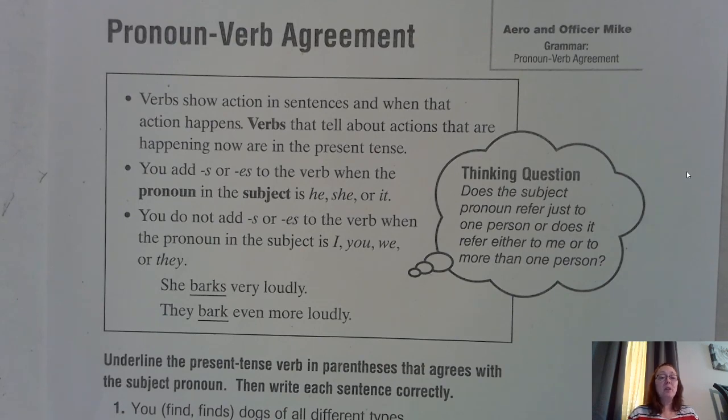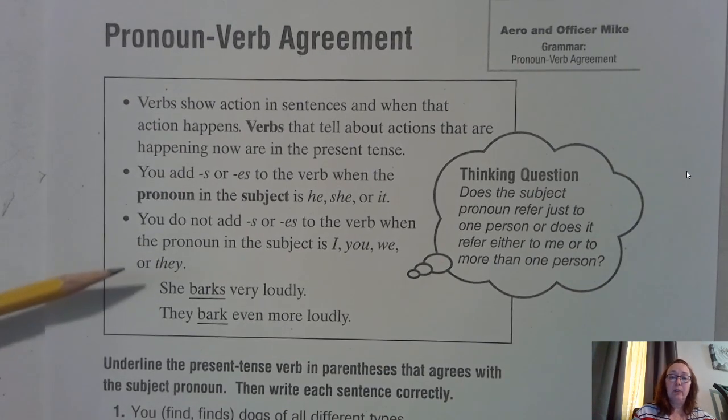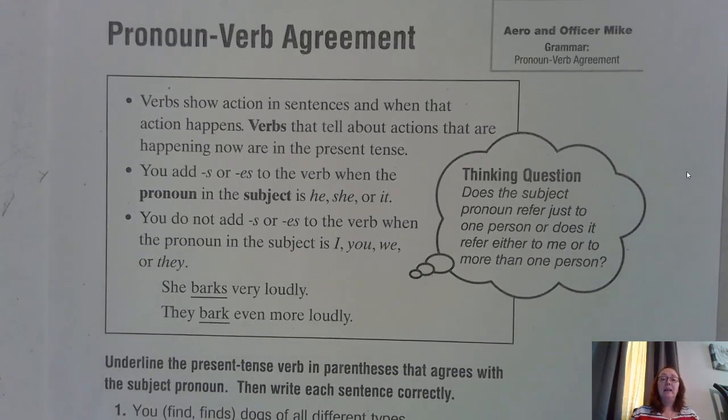Okay? We're going to apply that to pronouns as well. Here we go. Look at the next bullet point. You do not add S or ES to the verb when the pronoun in the subject is I, you, we, or they.